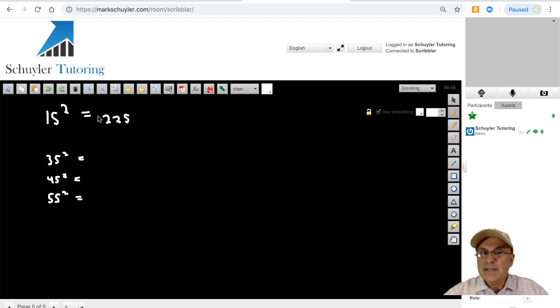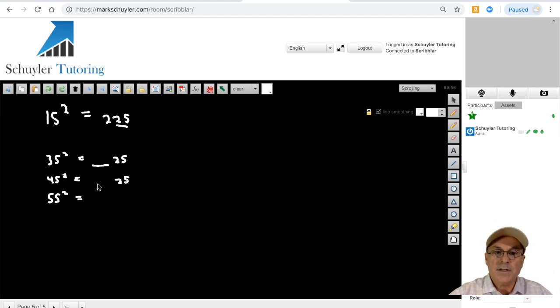The reason 15 squared is 225 is, well, it's going to end in a 25. And that's not just true for 15 squared, but 35 squared, the answer will end in a 25. So will 45 squared, it'll end in a 25. So our job is to figure out what number or numbers come in front of the 25. 55 squared, you know it's going to end in a 25.